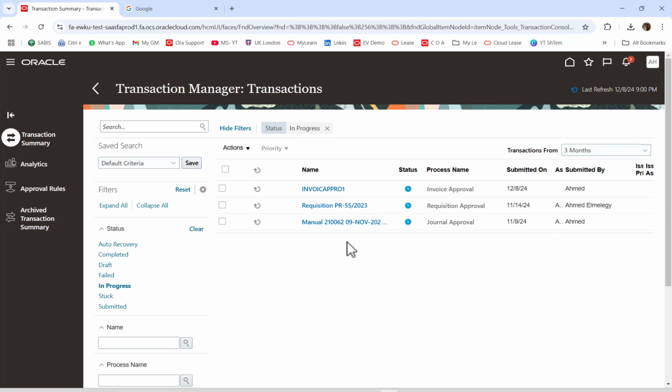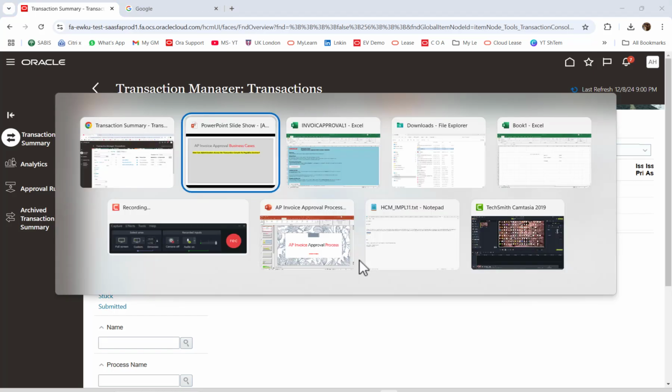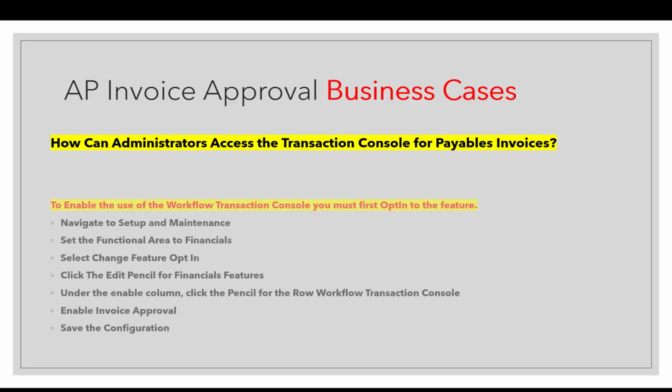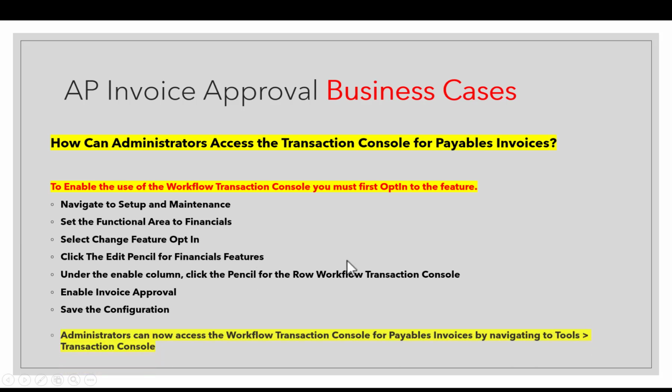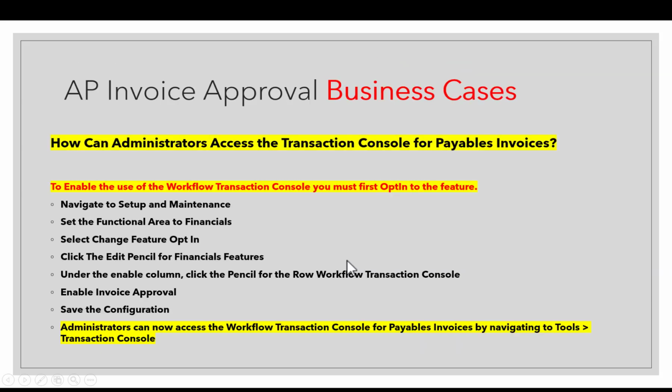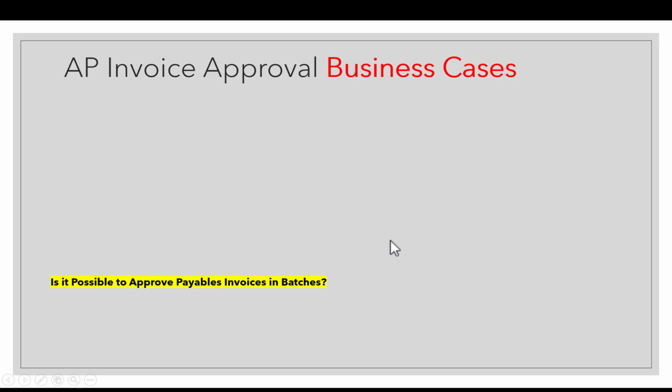So from the transaction console, depending on opt-in features, you can follow or track the status of the transactions, because it's a very helpful tool for consultants to support business users in tracking the status of the approval of the transactions. Let's come back to the slides. This is what we told you before, change opt-in. Again, administrators can now access the workflow transaction console for payable invoice, by navigating to Tools, transaction console.